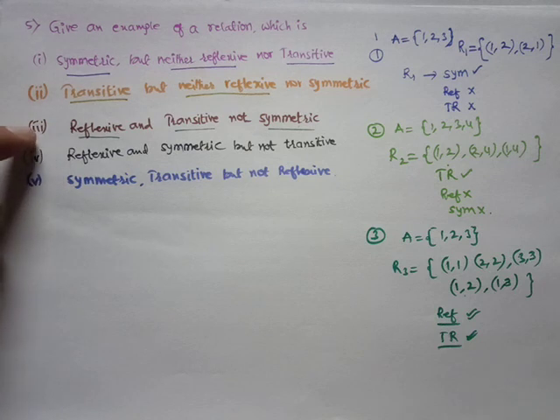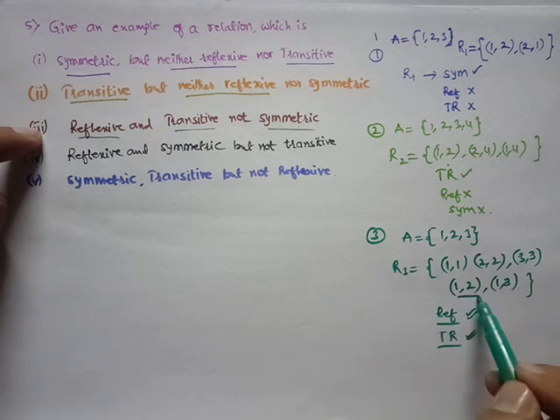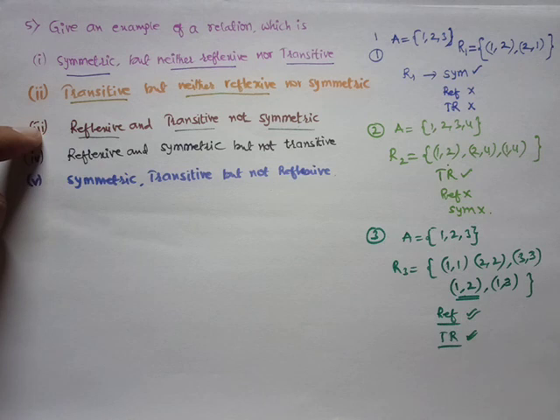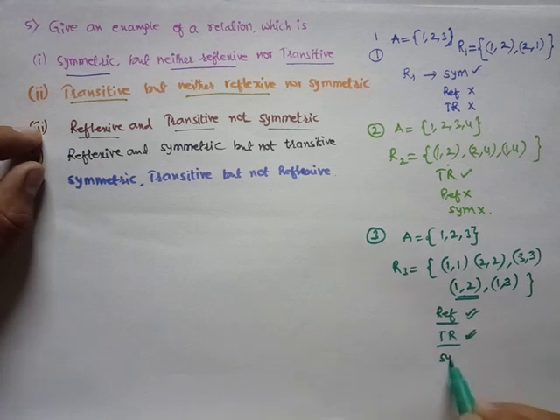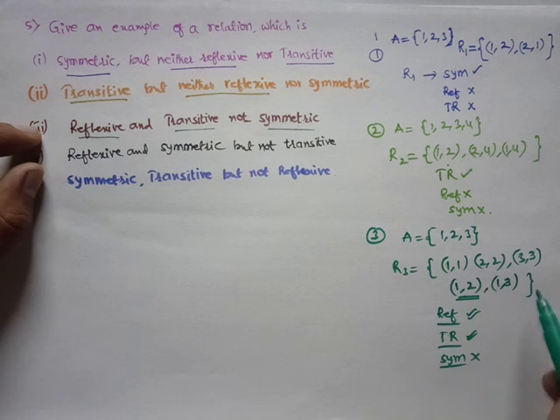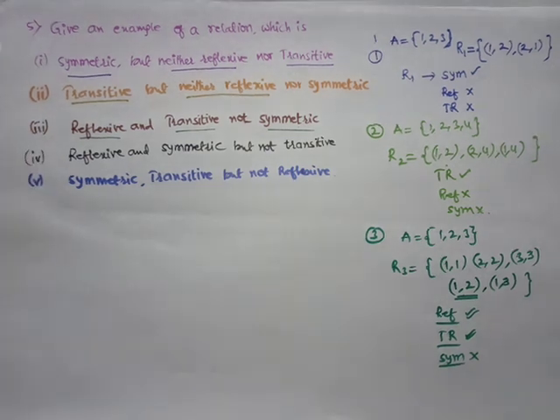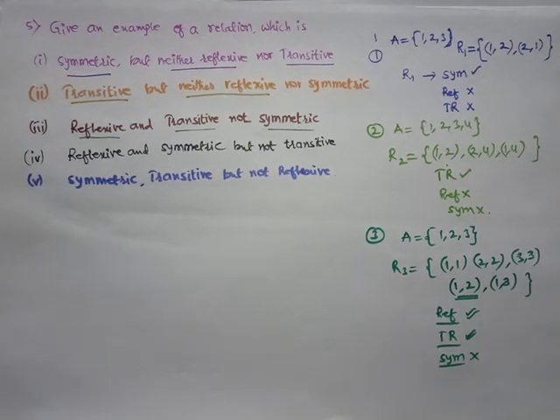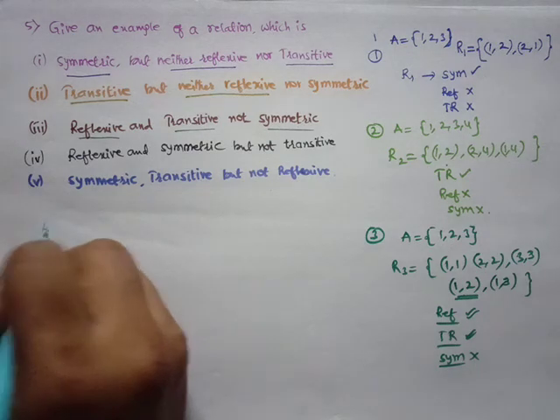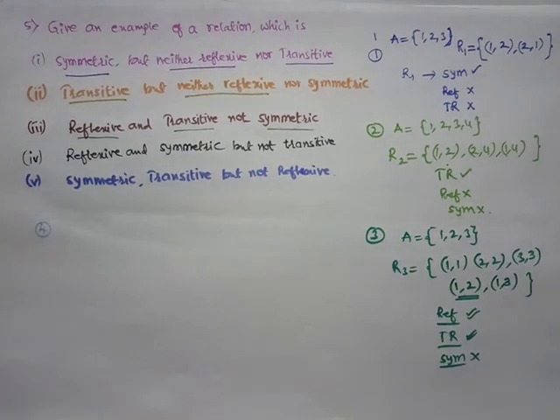Symmetric: (1, 2) is present but (2, 1) is not, so it is not symmetric. Same, (1, 3) is present, (3, 1) is not present. Next, for the fourth one: reflexive, symmetric but not transitive.